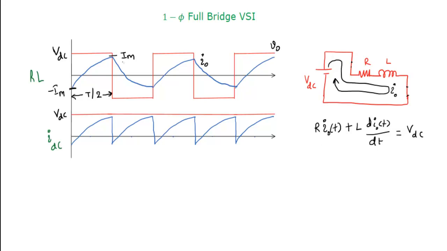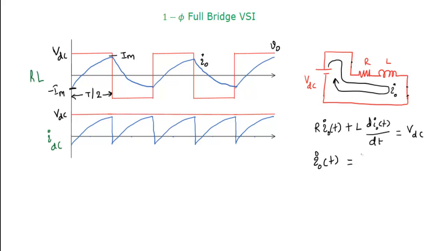That is, in this duration, the same thing will be there. As we discussed in rectifiers, calculating the current in the inductor load is a kind of steady state current.